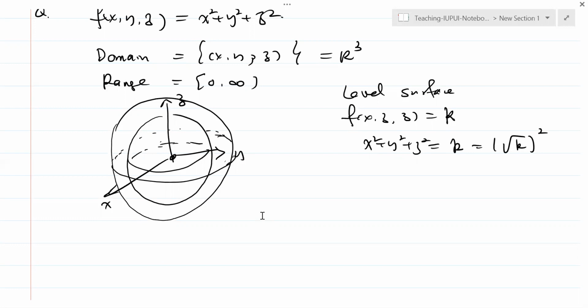So if you get a 3D picture of a function of three variables, you don't see the graph, but you can still tell the temperature at each point of the space, because this is a temperature function.